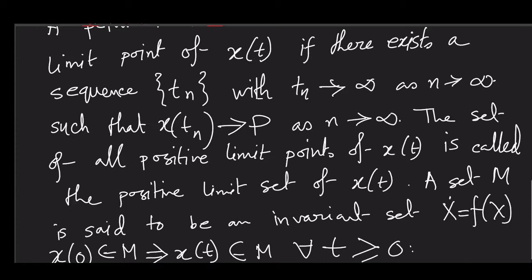So this is a very simple thing. What we are trying to say is that, literally stated, if your initial point is in M, the final point will also be in M.